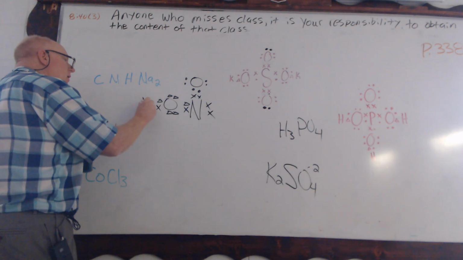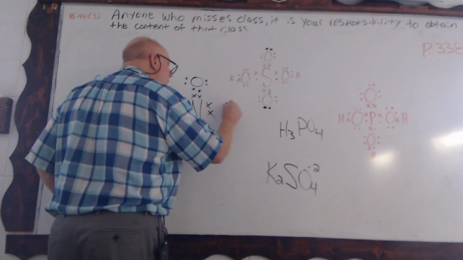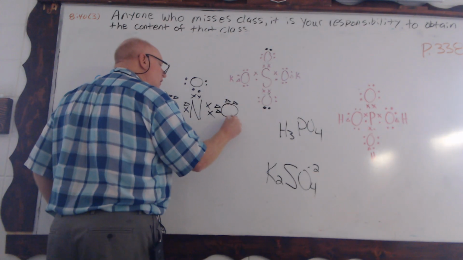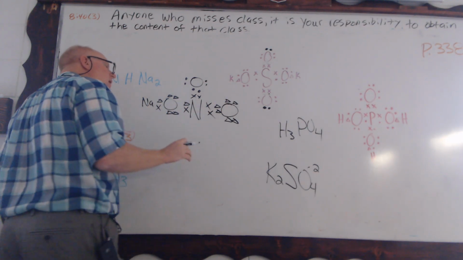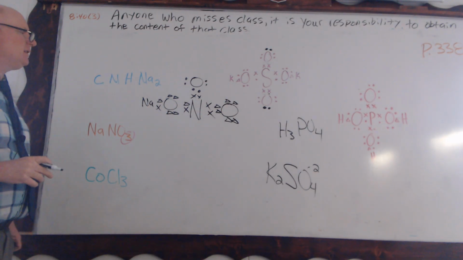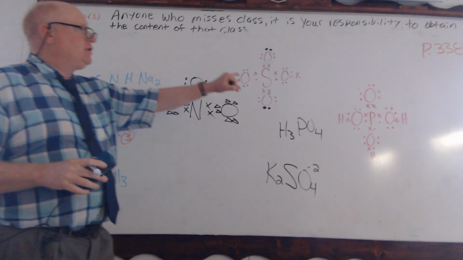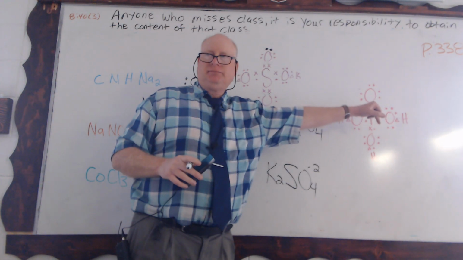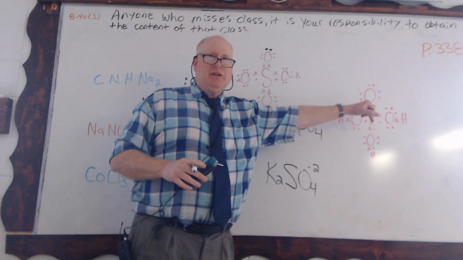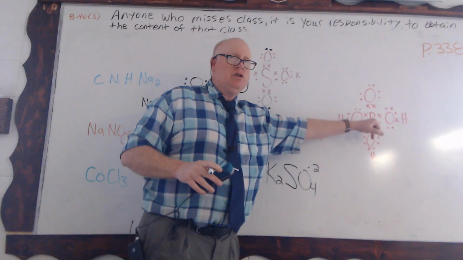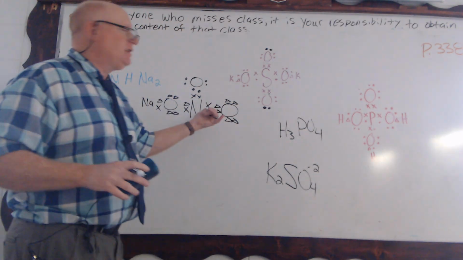You might ask yourself, why can't we do this when you just told us that some of these elements formed expanded octets? Well, where is nitrogen in reference to phosphorus? It's in the second period, where phosphorus is in the third period. This can do that, nitrogen cannot.